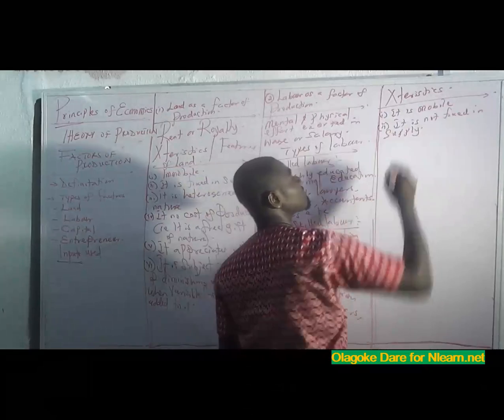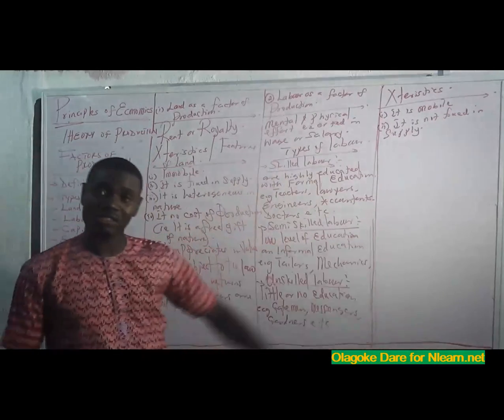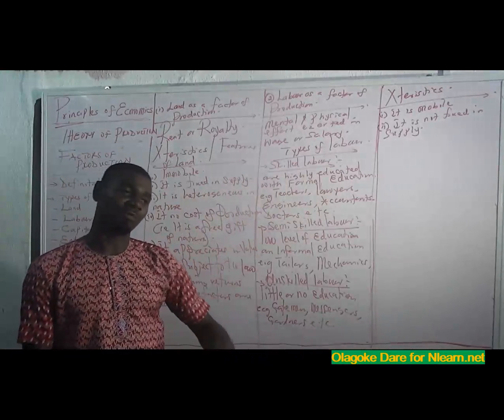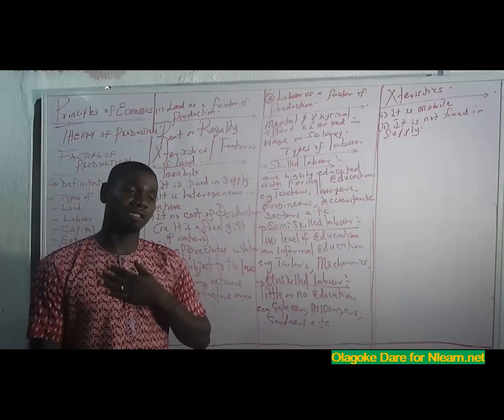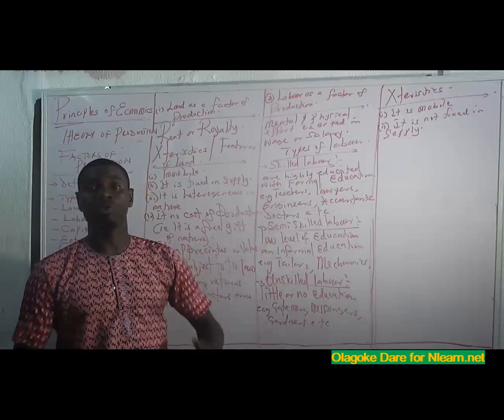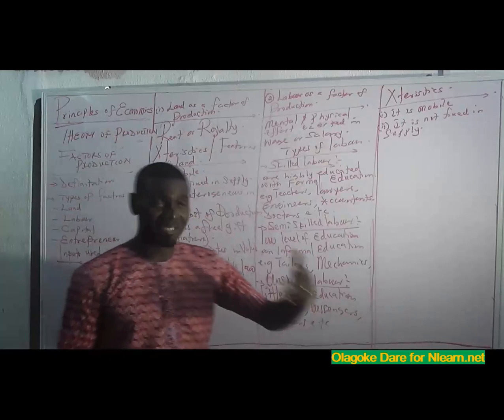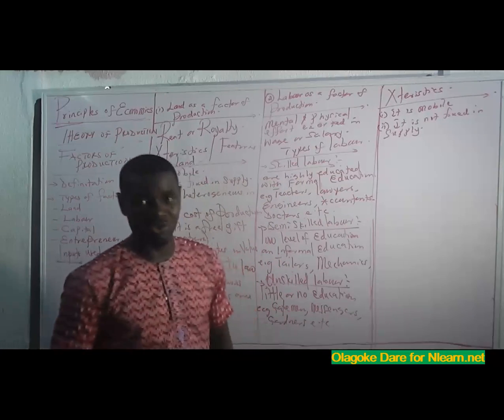It is not fixed in supply means you can increase the quantity of labor, you can reduce the quantity of labor. That's why you see that some people say they've sacked some workers. Oh, we are in need of more workers, which means you can increase the quantity of labor, you can reduce the quantity of labor.